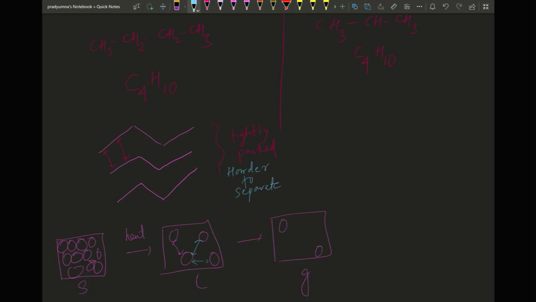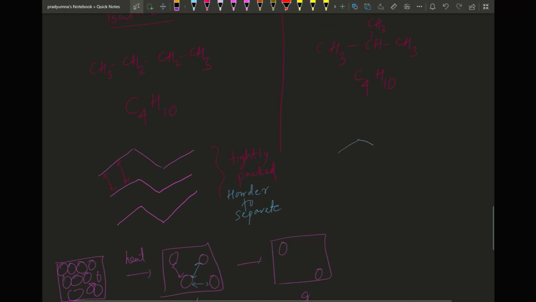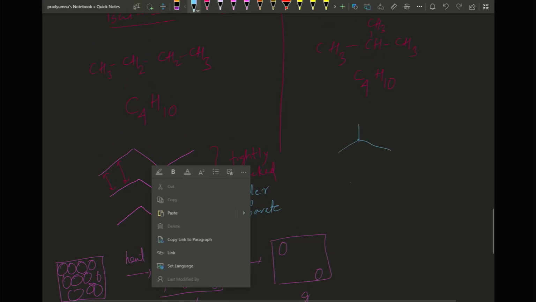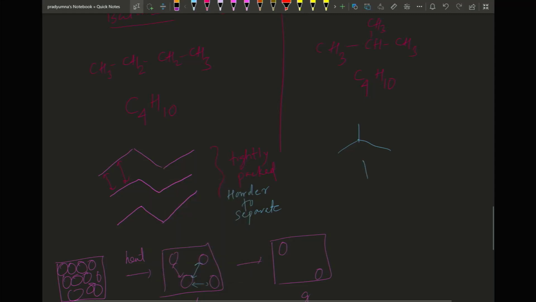Because butane has a uniform structure, it's nicely packed, right? But how does the structure of isobutane look? It looks like this. It has a pretty odd structure, so it cannot be packed nicely.